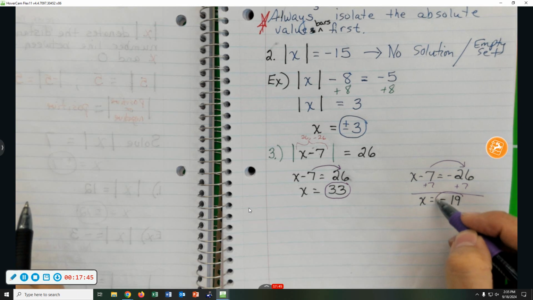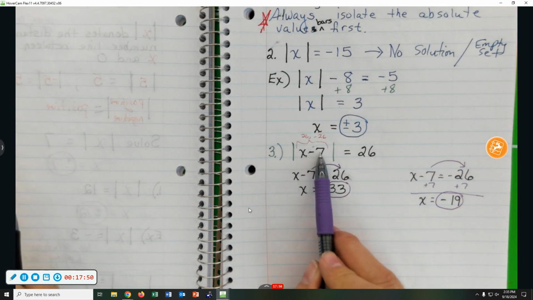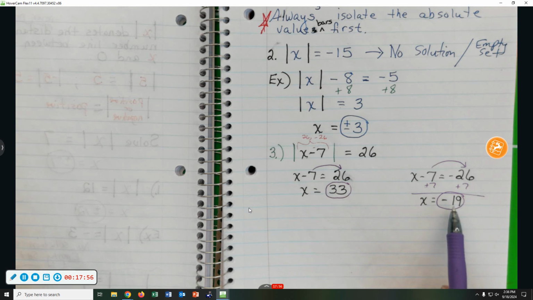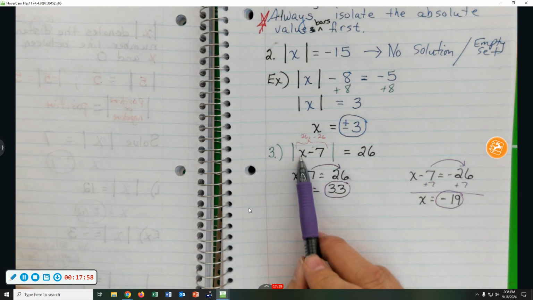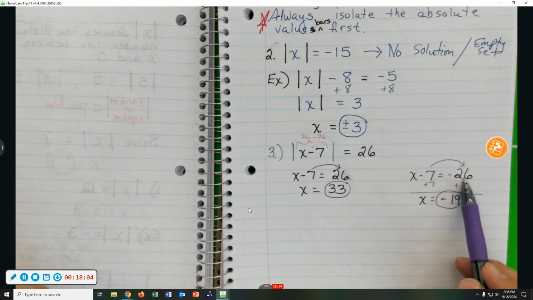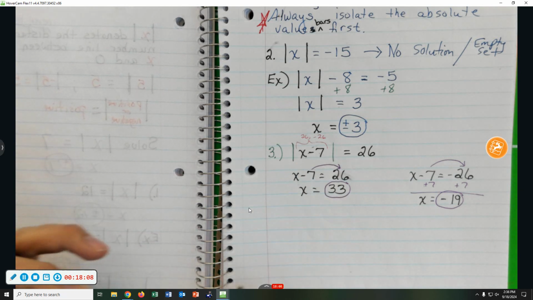So if we plug a 33 in for x, 33 minus 7 is 26. And the absolute value of 26 is 26. If we plugged a negative 19 in for x, negative 19 minus 7 would give a negative 26. The absolute value of negative 26 is positive 26.